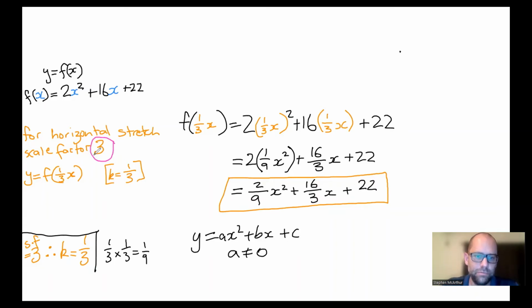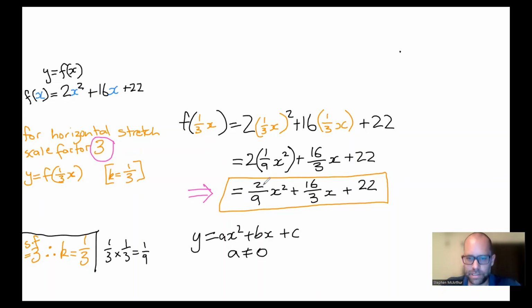So we followed the rule, and we ended up with this quadratic here. But what we're checking is is it 3 times as far away from the y-axis as the first one.